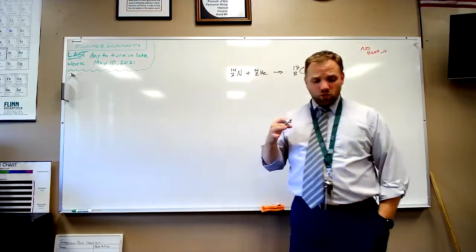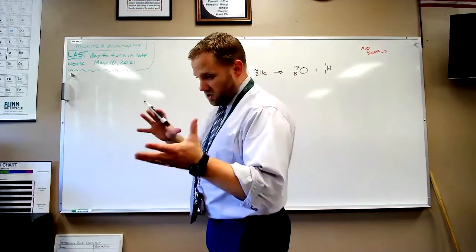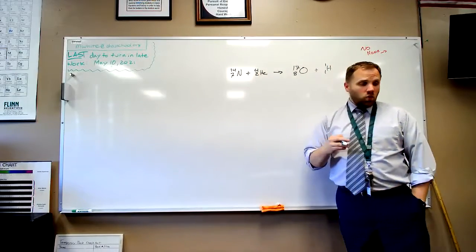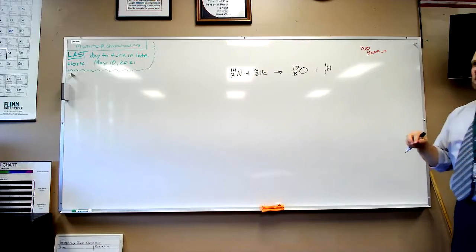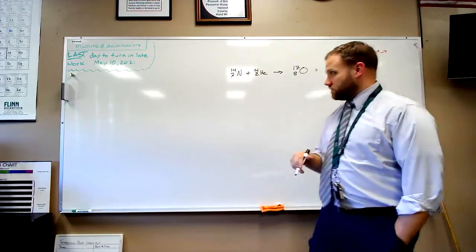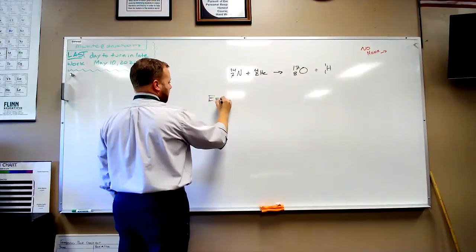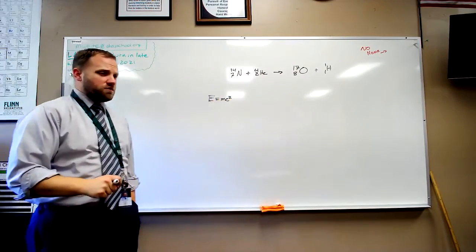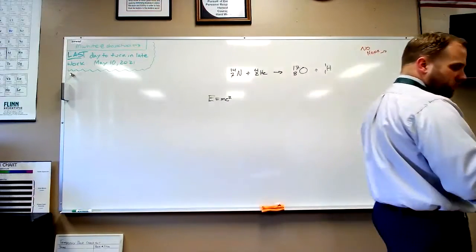In order to get rid of mass or gain mass or just change overall mass, we need to use what is probably the most well-known equation in existence. So that's Albert Einstein's famous equation, E equals mc squared.